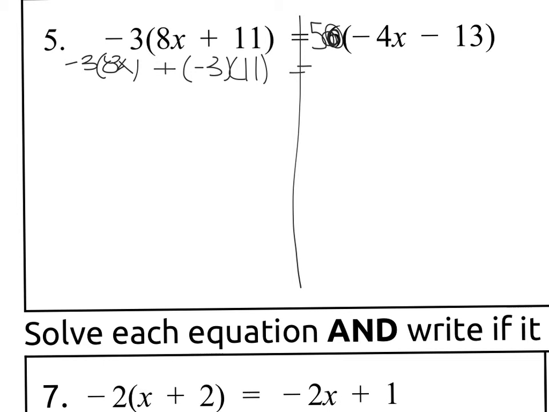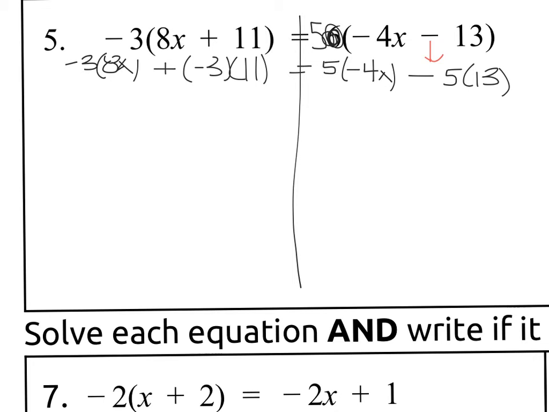Bring down the plus sign because you are also distributing -3 times 11. On the right side of the equation, you have something new that you're going to distribute because you have a 5 outside the parentheses. 5 times -4x. Bring down the subtraction sign because you are multiplying by 5 times 13.